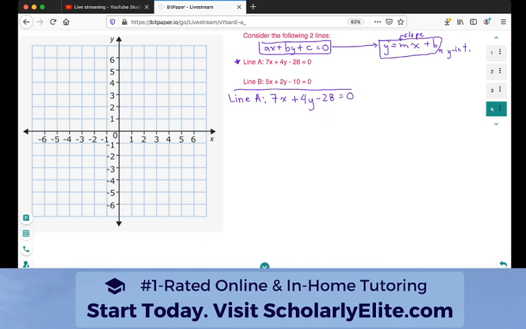So y is by itself on the left side, and everything else is on the right side. Well, that information is super important because we can actually use it to our advantage, because we can isolate for y just by moving stuff over algebraically. So we're going to go ahead and do that.